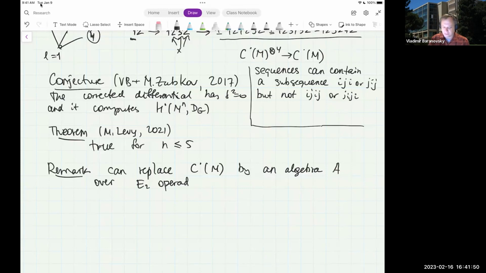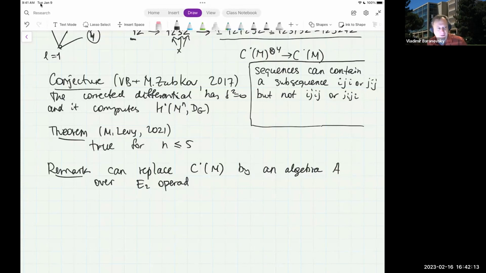There are different realizations of what sort of structure we could call an E2 algebra, but for our purposes, it's the action of these sequences of that specific type, where iji is allowed, but ij is not allowed.